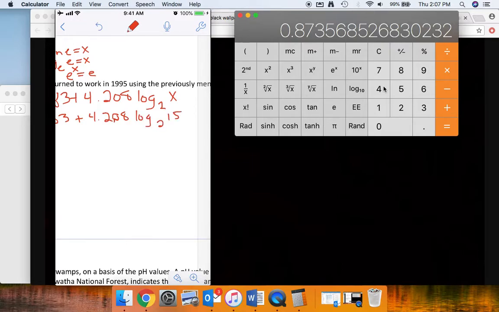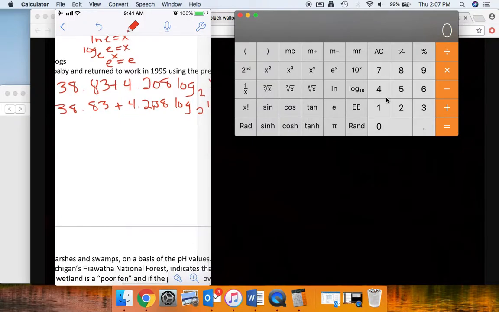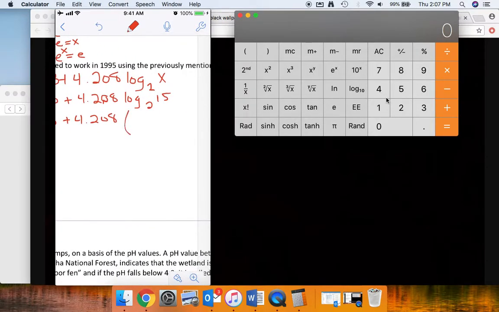Okay, gotta start there. When I plug this in my calculator, unfortunately I can't plug in log 2 of x. So if I wanted to plug this whole thing in my calculator, well, 38.83, not too bad. 4.208, not too bad. But let's change this to log 15 divided by log 2, or ln 15 divided by ln of 2, it shouldn't matter.